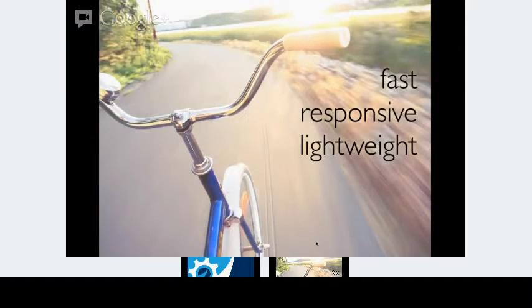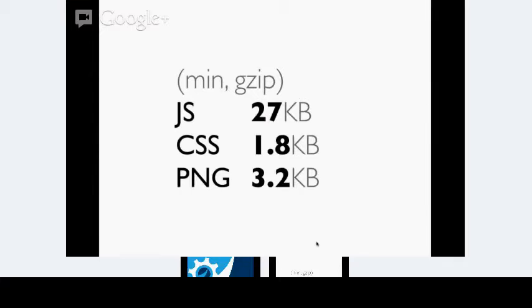Okay, so the next point is making the library the most lightweight, responsive, and fast library out there for maps. And if you look at the size of the library, here are some stats.